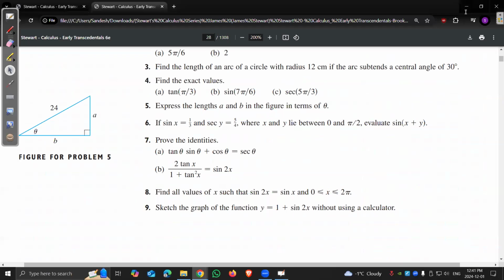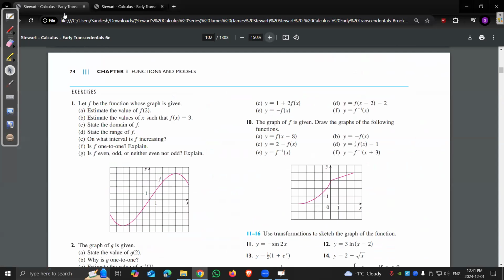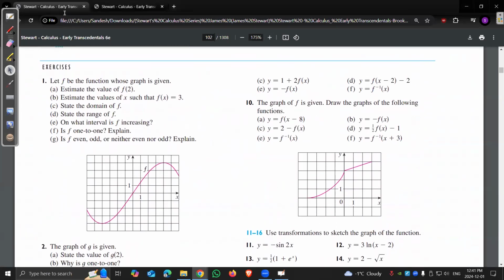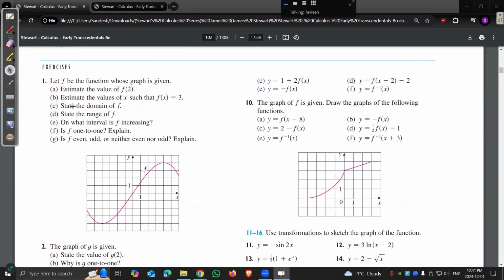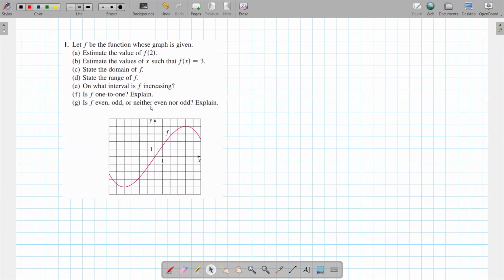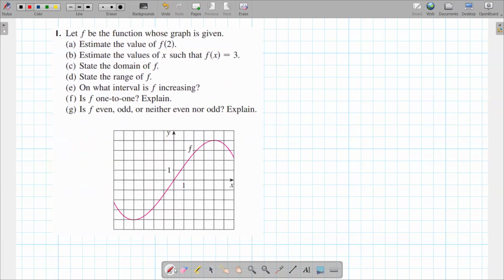Let's move on from all of this. Let's move away from trig. Let's look at this one. So these have nothing to do with trig. It's just functions. So your origin is in the middle.